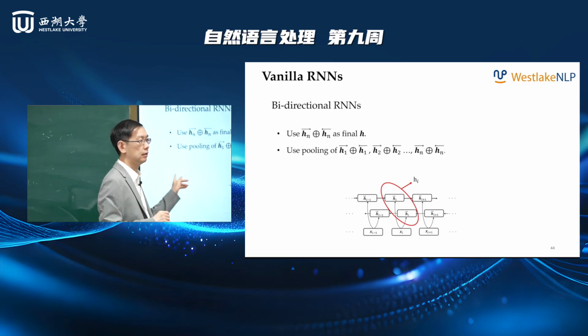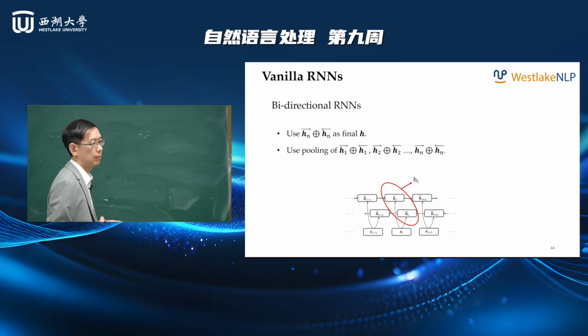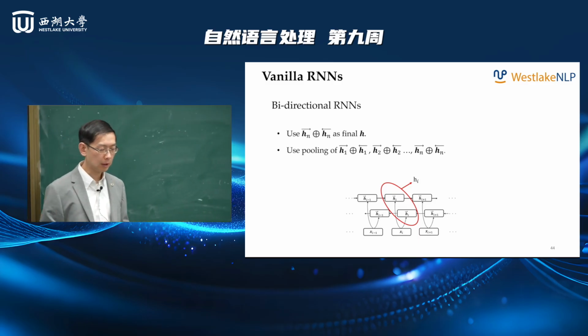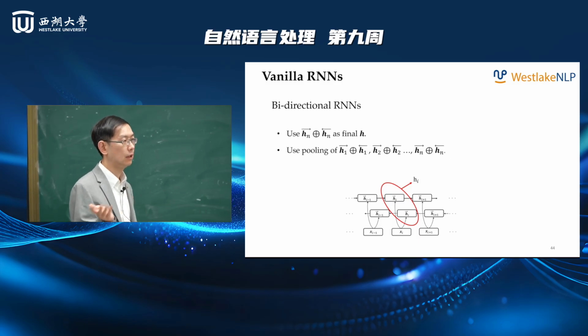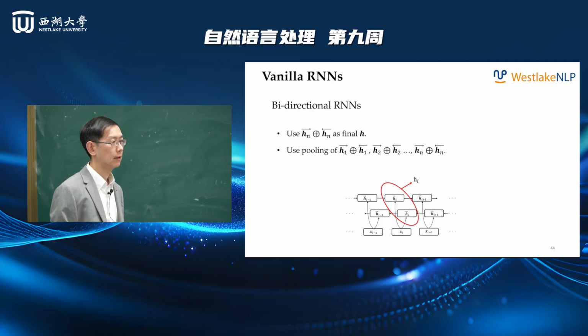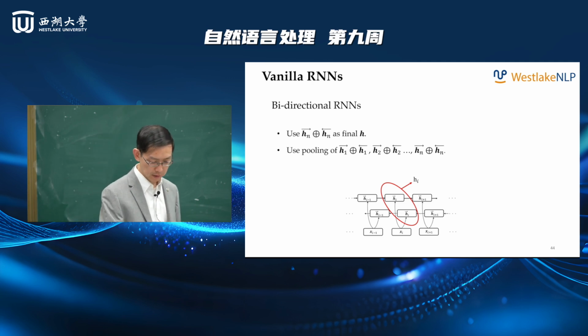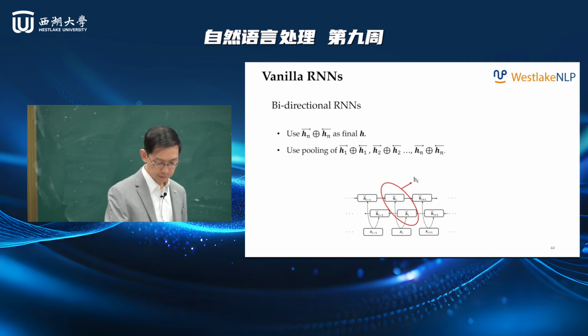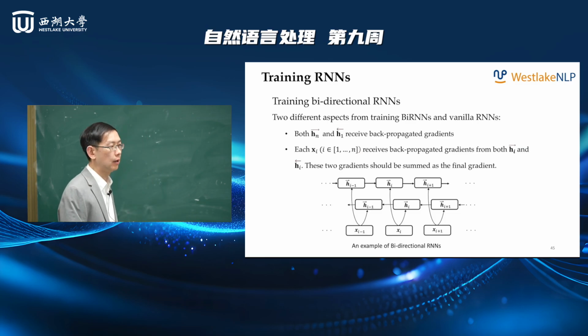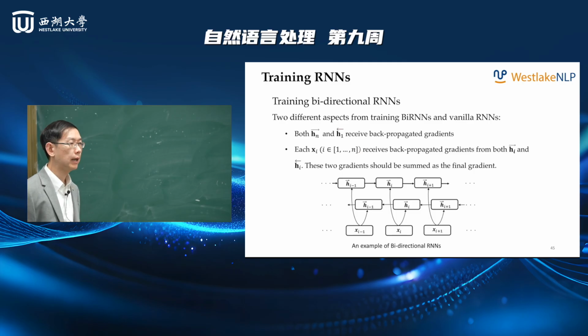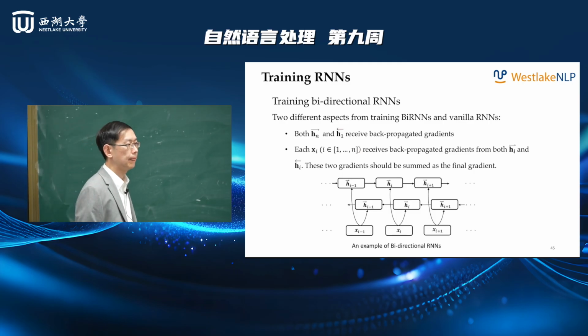Okay, you concatenate them together as the representation. Normally, pooling works better, okay, because your gradient will pass back to every individual word in the sequence. And then you say, in addition to my forward computation, I need back propagation as well, right? How do you backpropagate the gradients?